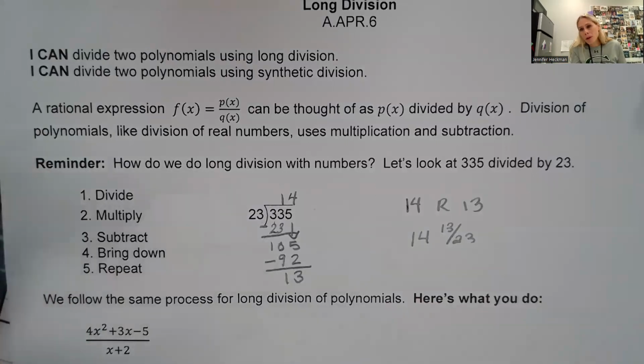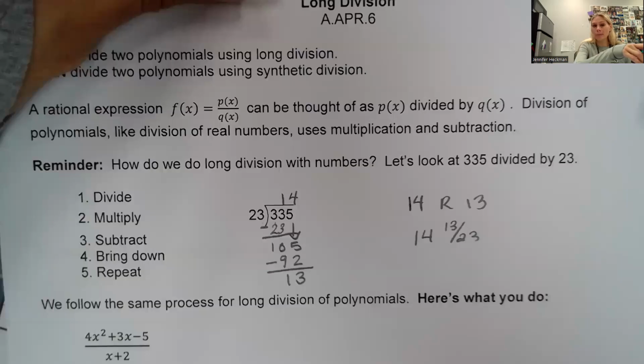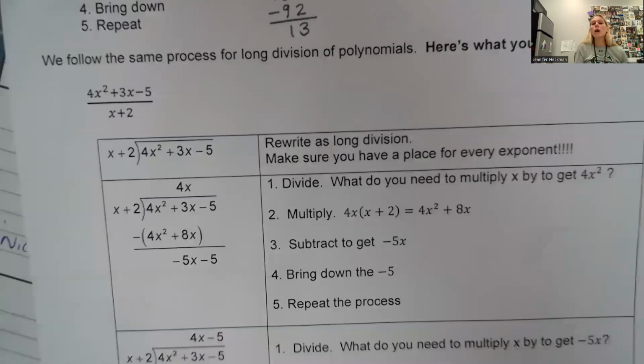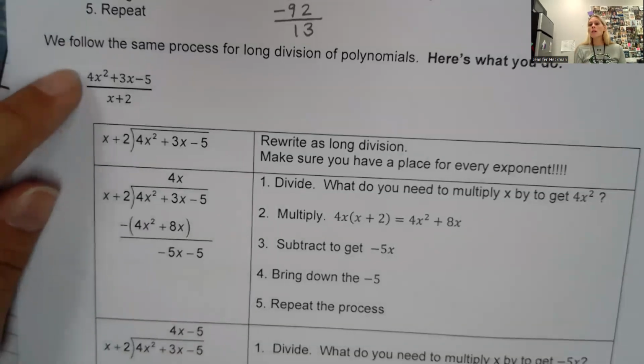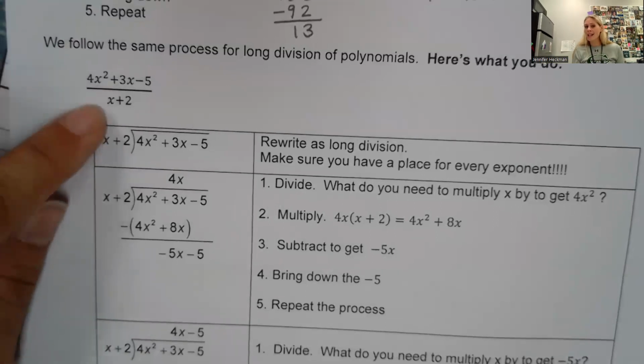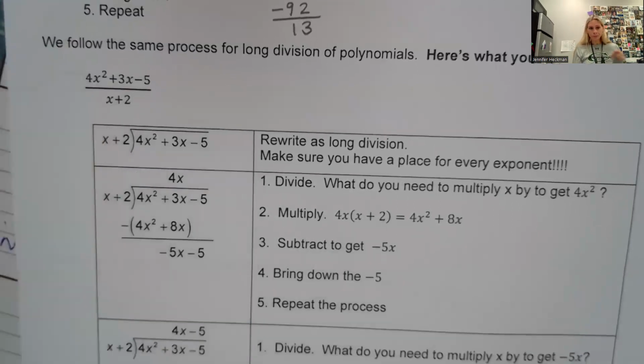Of course, it's a little bit more complicated because we're dealing with variables. So let's make sure that we go through and take our time. Okay, so right here, this is what our problem is going to look like. What we are doing here is we're taking this top numerator and dividing it by our denominator.